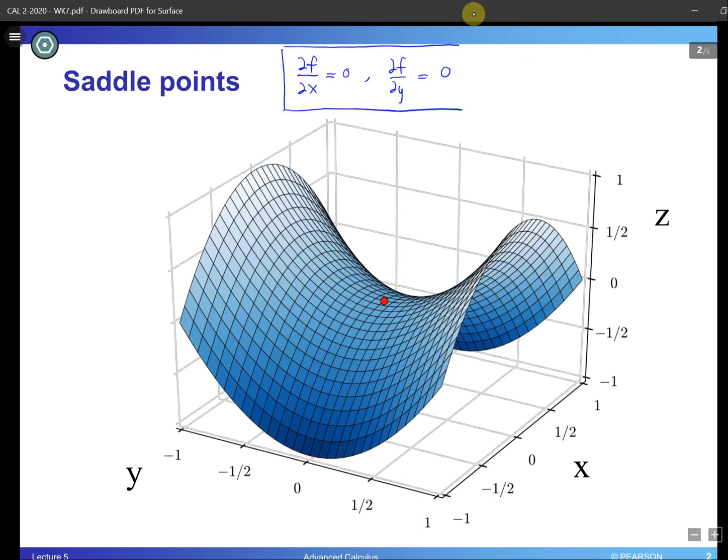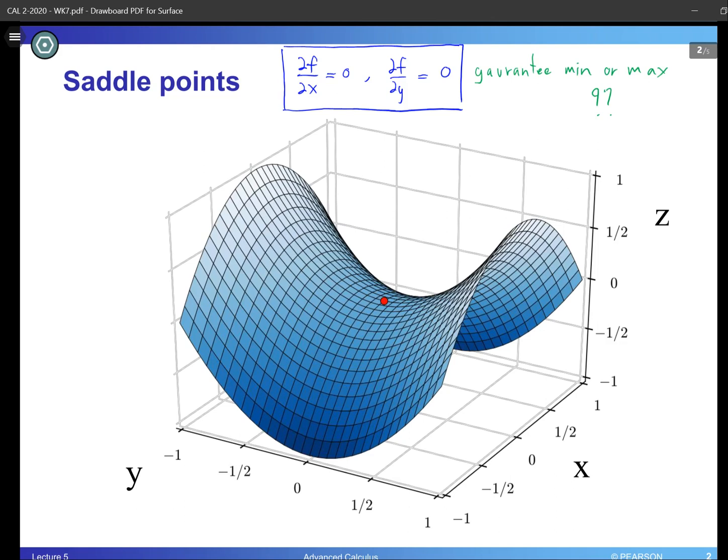So that is the question. Question, by the way, not the statement. So we want to find out, and let's take a look at this example down here.